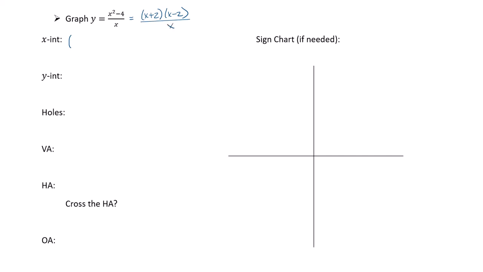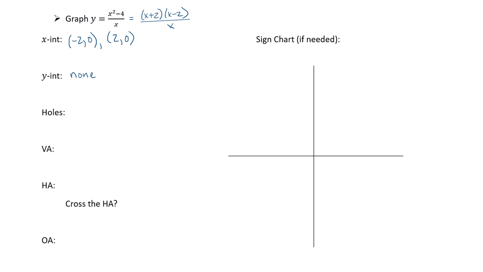And that would give us x-intercepts of (-2, 0) and (2, 0). The y-intercept is when x is 0, so these terms would go away. I would have -4 divided by 0, which is undefined. That means I don't have what I'm looking for. I don't have y-intercepts for this.